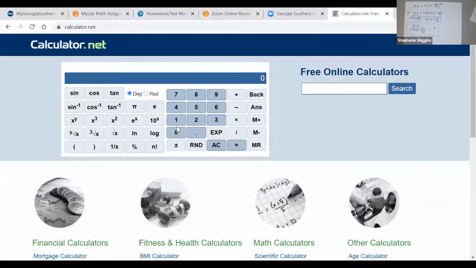So I take the natural log of 2 divided by the quantity 12 times the natural log of 1 plus 0.08 divided by 12, close my parentheses. 8.69.